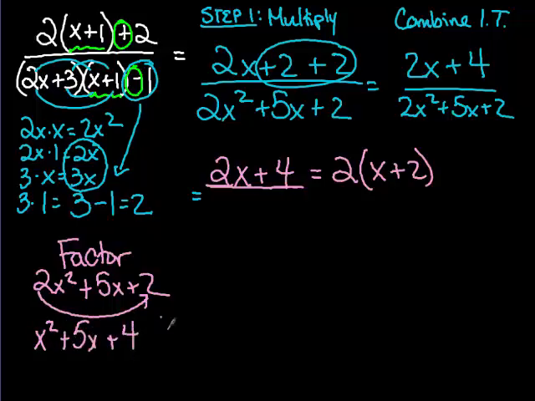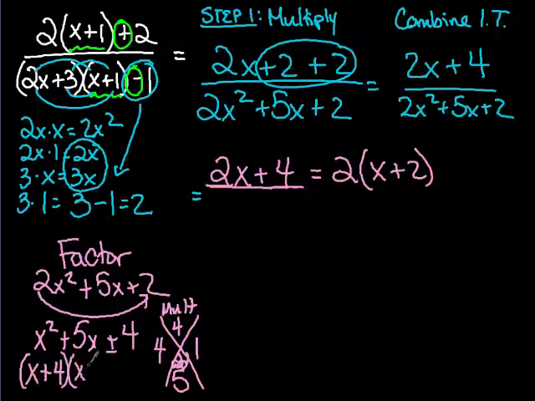So I'm looking for what multiplies to give me 4 and adds to give me 5. Well, that's nice and easy. We have 4 and 1. 4 times 1 gives me 4. 4 plus 1 gives me 5. And these are my factors. So we have x plus 4 and x plus 1. Now remember, we multiplied by 2.